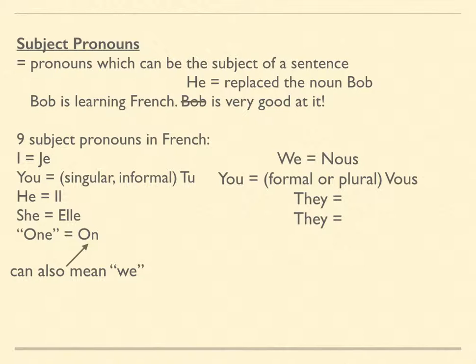But we are also going to use vous every single time you are talking to more than one person at a time. So, for example, if I'm talking to the entire class at once, even though I can speak informally to you individually, I still have to use vous because there's more than one of you in class.